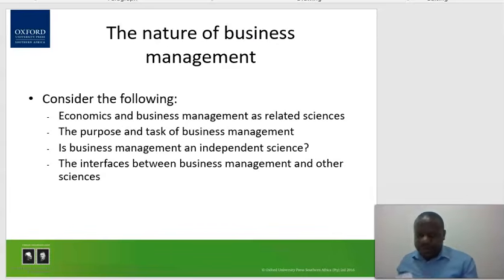In terms of the purpose and task of business management, I wouldn't want you to take risk, because it's an area that we shouldn't leave blurred. You ought to understand the purpose and task of business management.